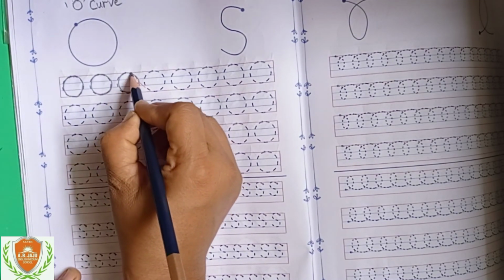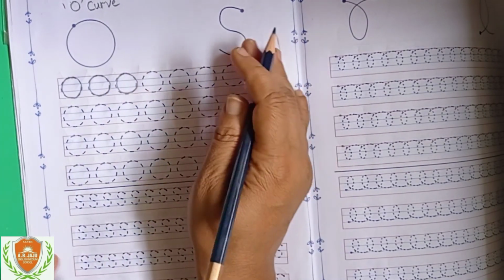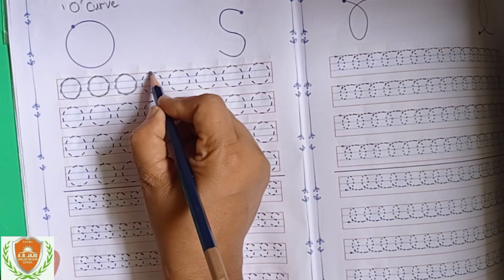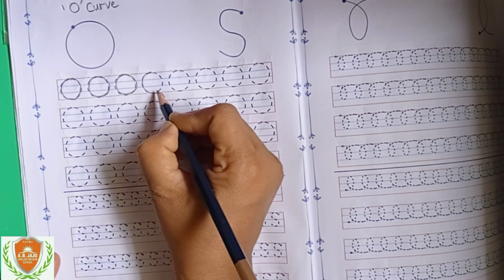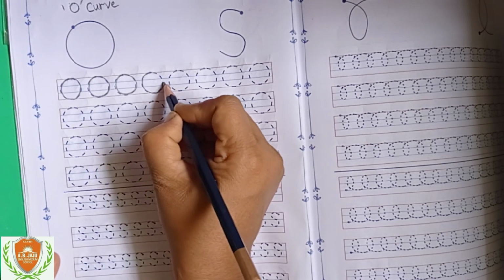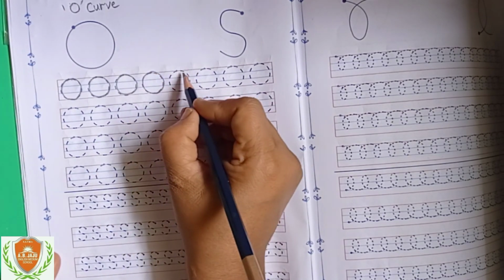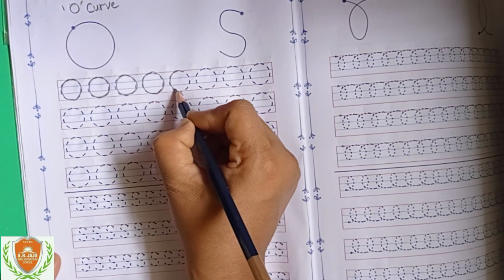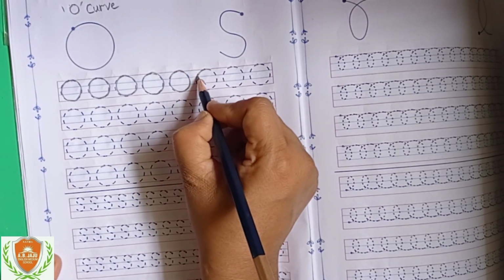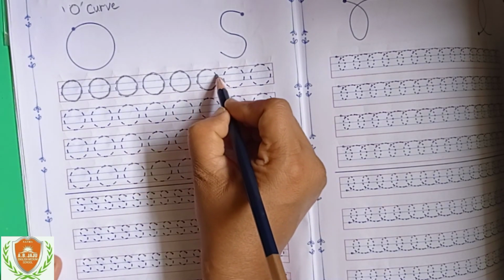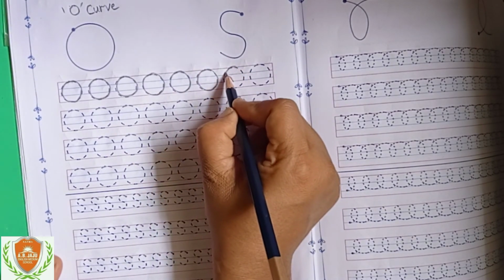This is called circle curve. How do we trace? First we make a left curve, join it, again go upside, make a right curve. So this is circle. This is called circle curve.